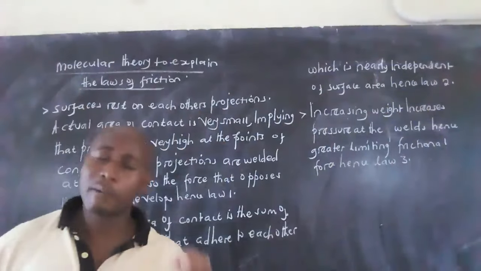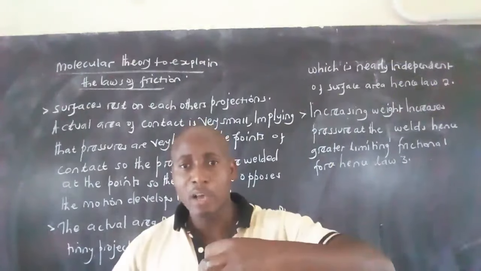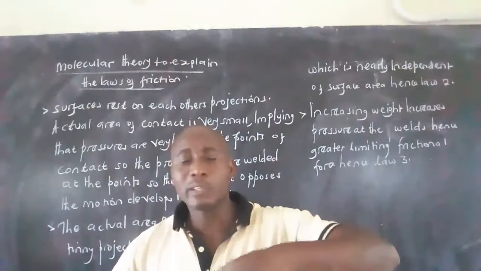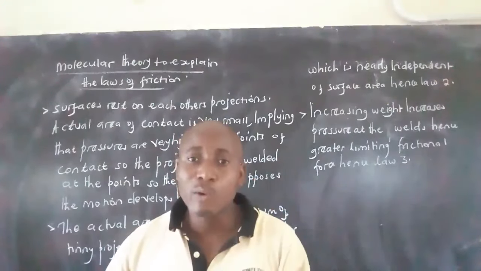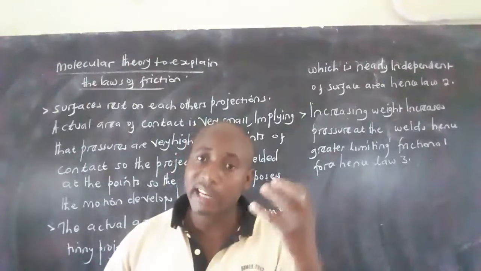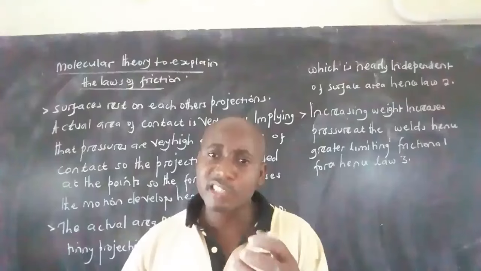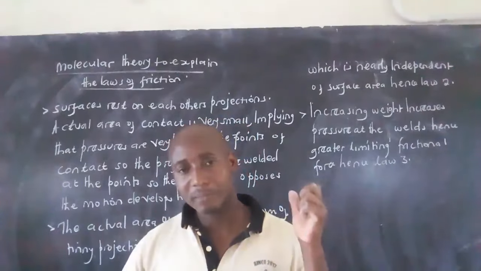When the weight is increased, the pressure at the points of projection will increase, so before motion can take place, a very big force is required to break the welds. Hence, frictional force.